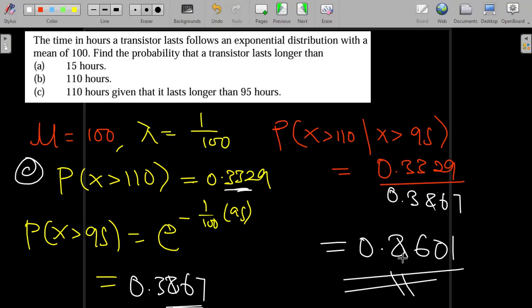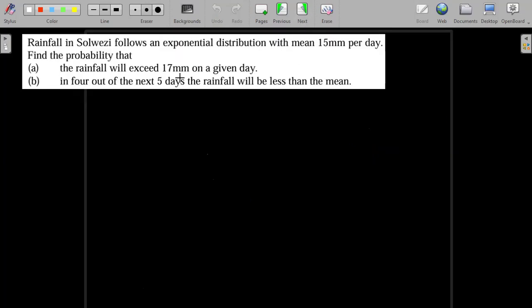All right, so next we look at a similar question on the distribution. Here they're saying the rainfall in Sulawesi follows an exponential distribution with mean 15 per day. Find the probability that the rainfall will exceed 15 milliliters on a given day. So we're just finding the probability that X will exceed 15.